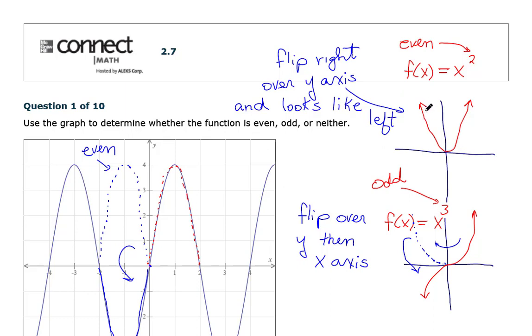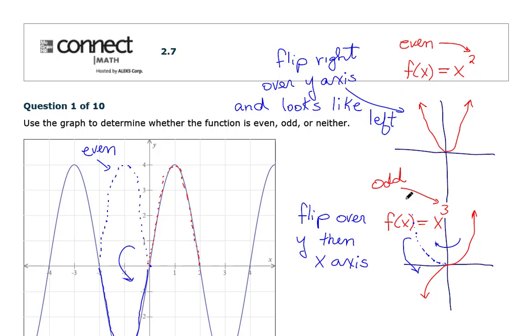We have two functions. I have f of x is x squared, and I have f of x is x cubed. Well, x squared, the exponent of 2, is an even number. And for x cubed, the 3 is an odd number.